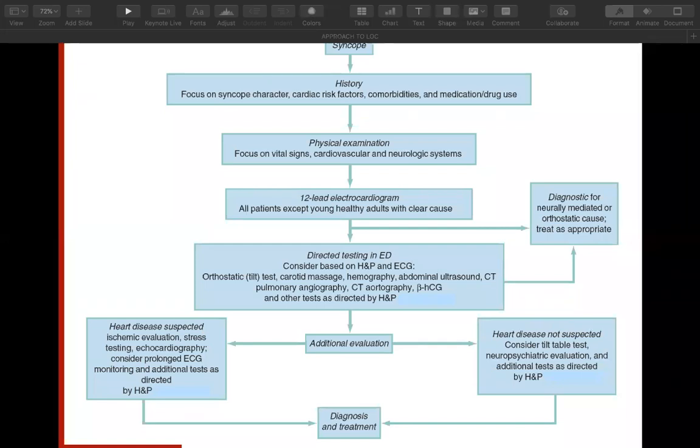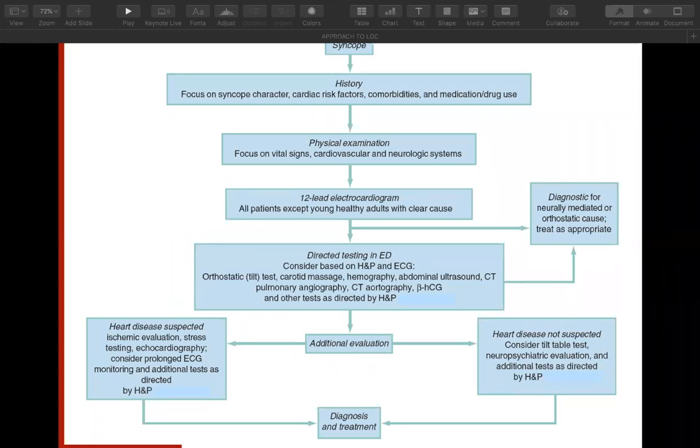And then we do a physical examination, focus on the complete vital signs, focus on the cardiovascular and the neurologic system. Next is the 12-lead ECG. Now, we determine if the patient's ECG clearly tells us that the cause is cardiac or not.